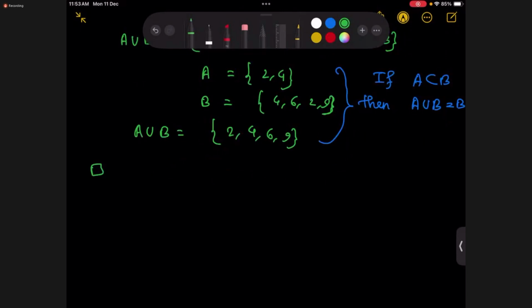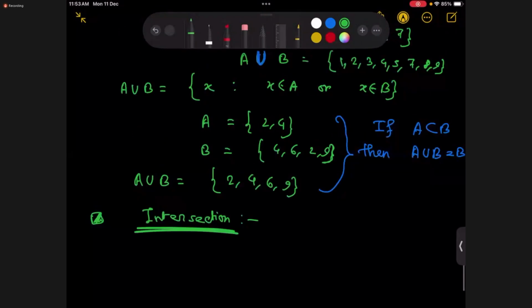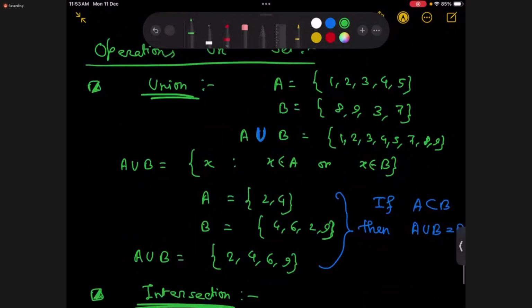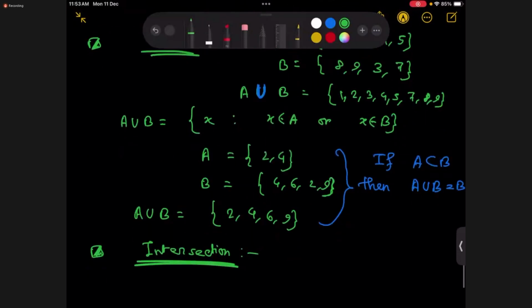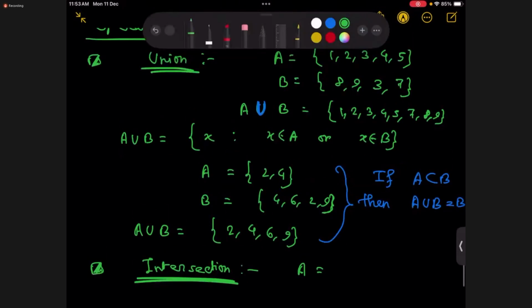Okay, so the next operation is intersection. Let us take the first two examples, so it will be easy to understand both the things. What is A, B? A equals 1, 2, 3, 4, 5.